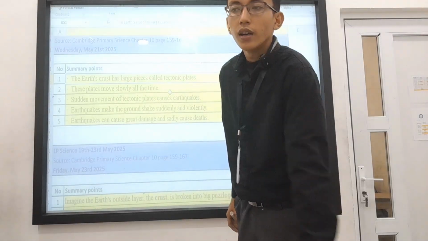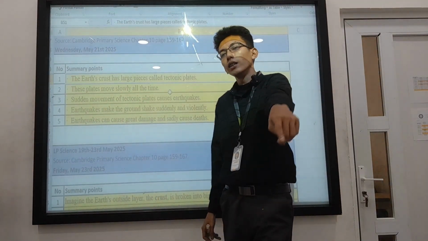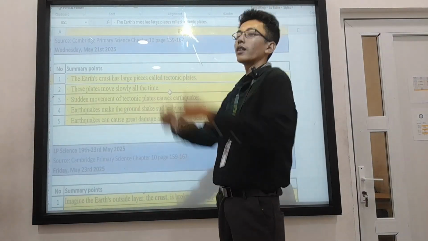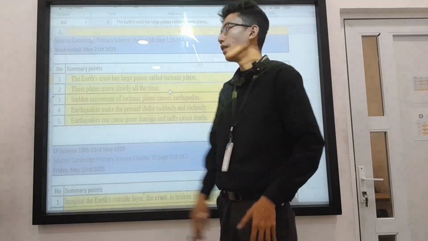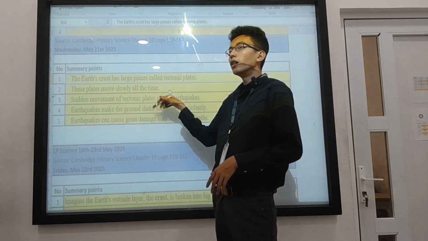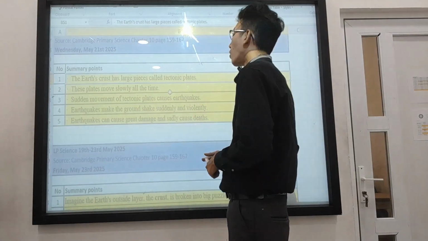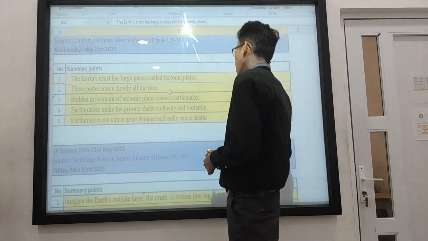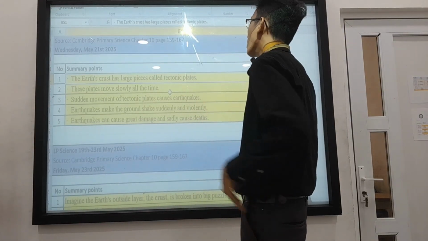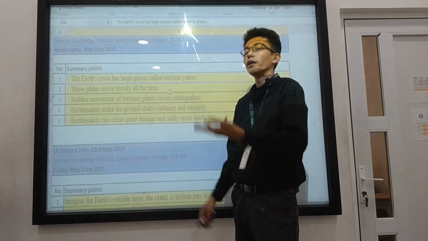Example, if Letizia and Kaylee's tables are crashed against each other, the vibration on the table is the equivalent of what causes the earthquakes. That is the analogy. And then an earthquake makes the ground shake suddenly and violently.